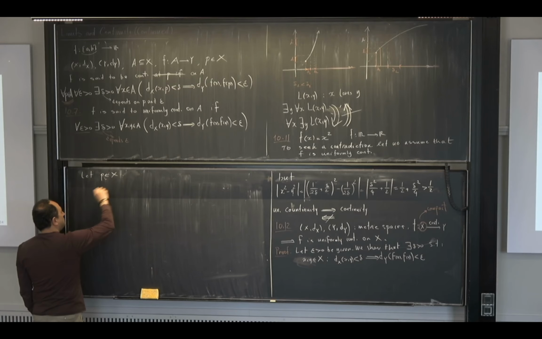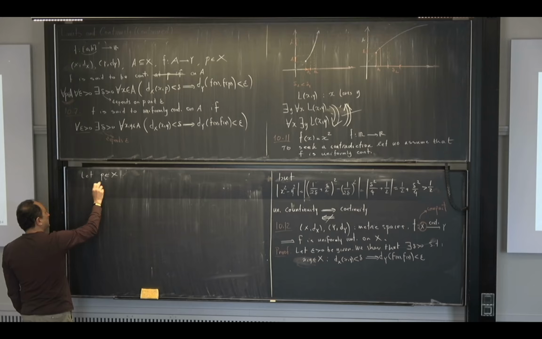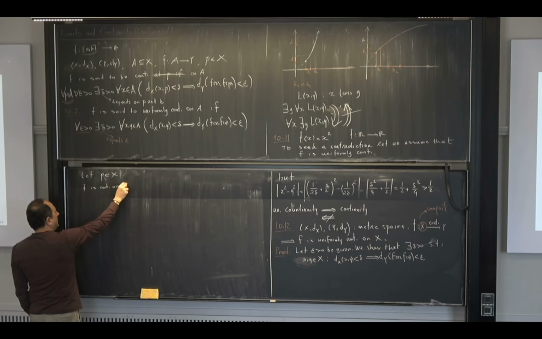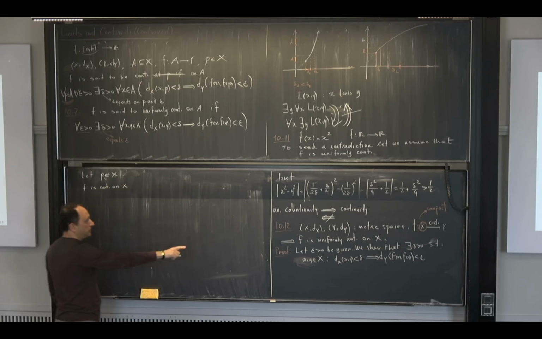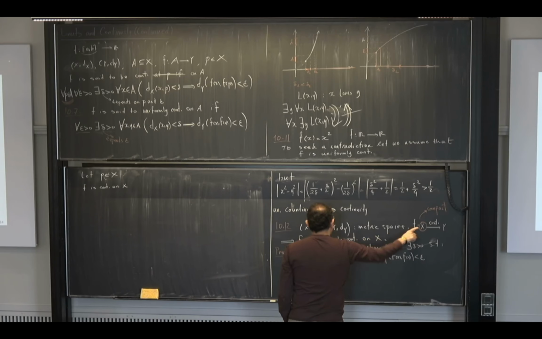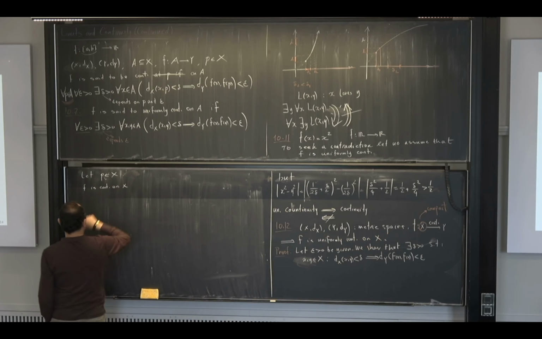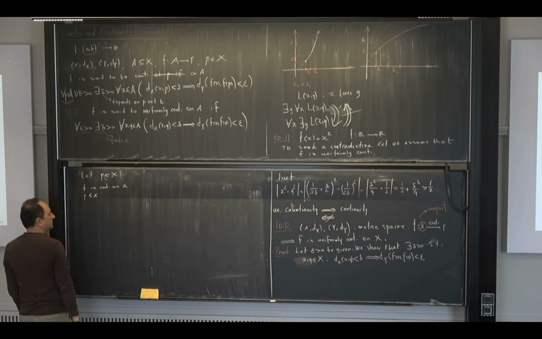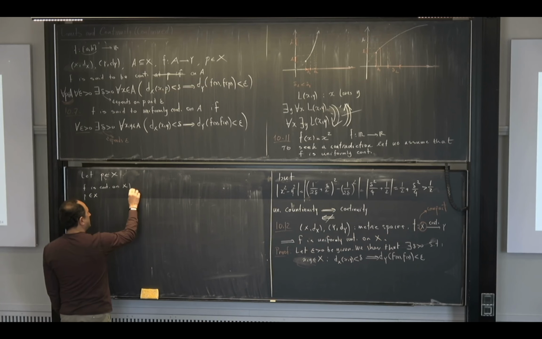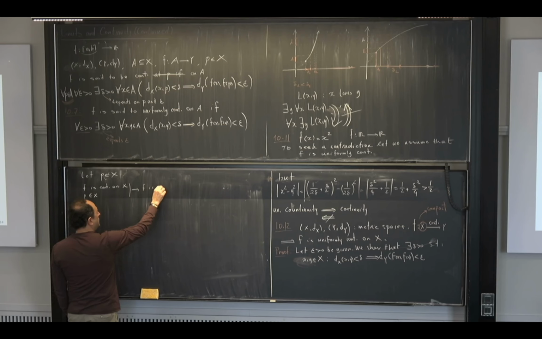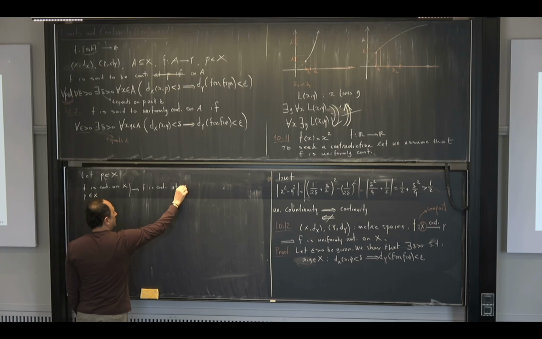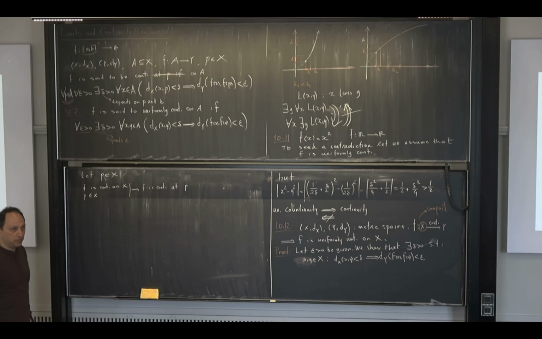p belongs to X means, so f is continuous on X, this is the assumption, and I have picked a point there. So this means that f is continuous at p, okay?